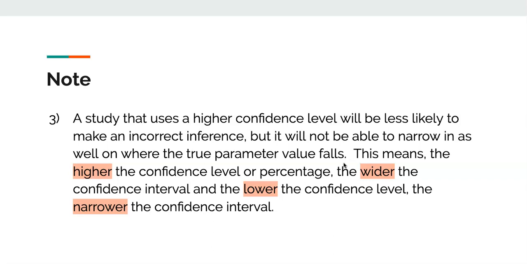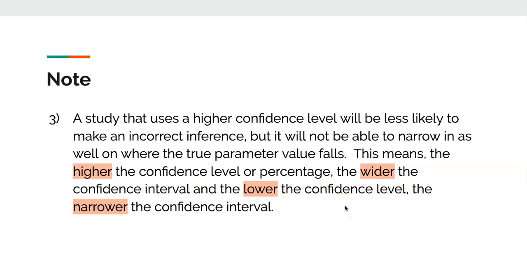So it's not necessarily good to go up on a confidence level, because then your interval will get wide, and a wide interval means you get a big margin of error. This means the higher the confidence level or percentage, the wider the confidence interval, and the lower the confidence level, the narrower the confidence interval.